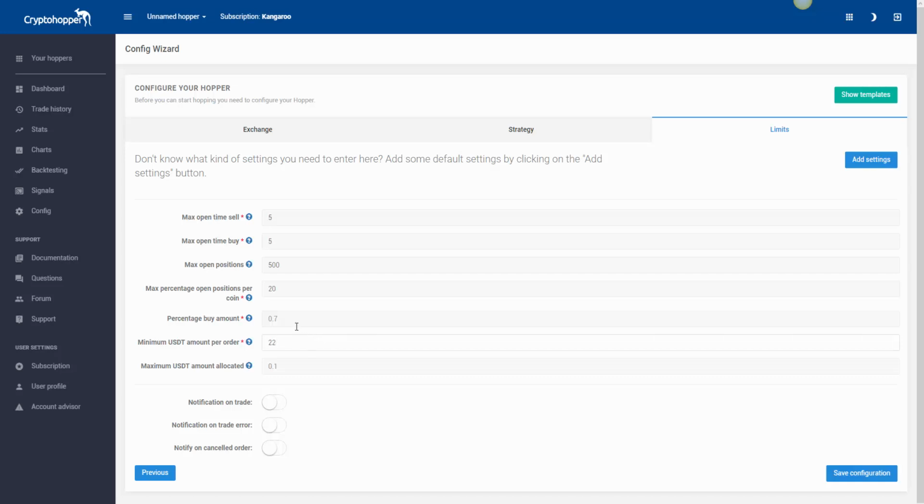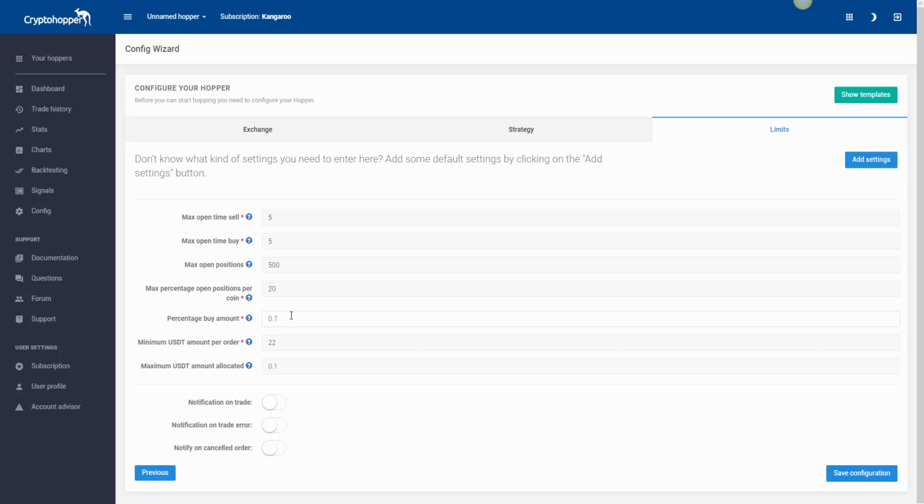And here I have the percentage by amount. This percentage by amount is how much percent of your funds or of your capital is going to be used in each buy. It's almost the same as this one, but actually that one is the minimum. This one is most important because CryptoHopper will do its best to use that much percent of your money to perform each buy.